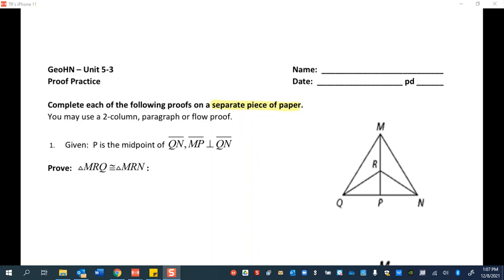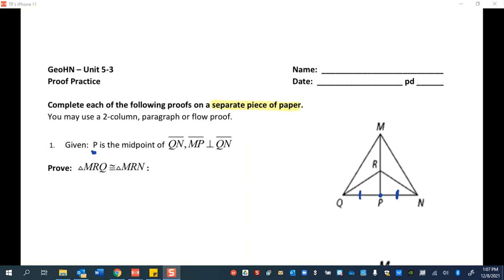All right. Step 1 in dealing with these proofs is to talk to your diagram. Once I know that P is the midpoint of QN, this P is the midpoint, and I talk to my diagram by going ahead and marking that up so I can see that that's true.